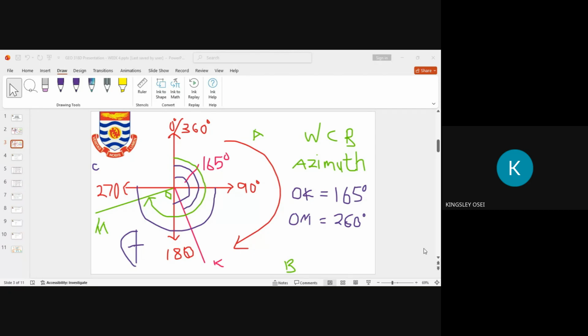And that is so because 60 of the seconds will give you a minute, and 60 of the minutes will give you a degree. So when you're coming from seconds all the way to a degree, you need 60 by 60. That is why you need 3,600 seconds to make a degree. Okay. Thank you.